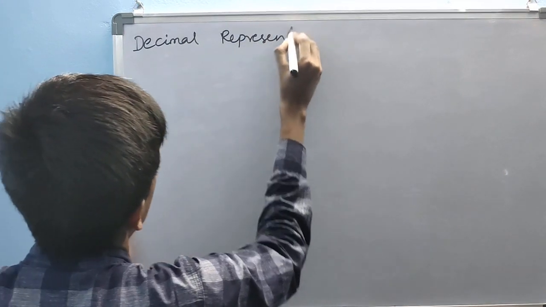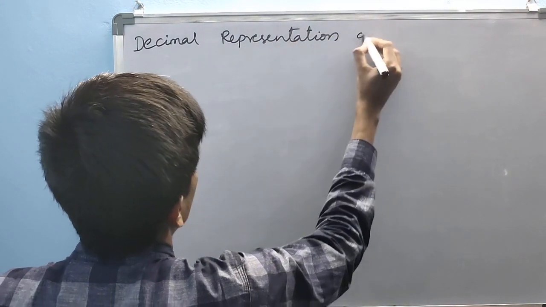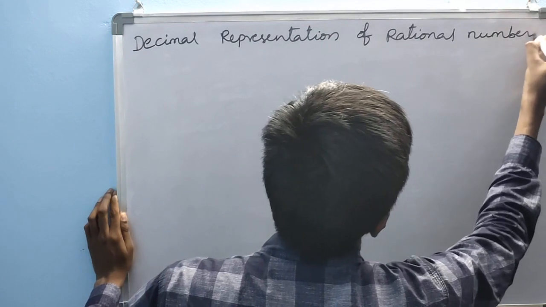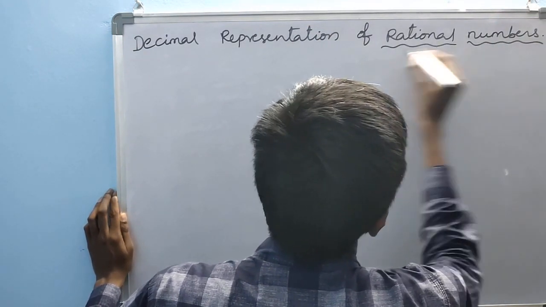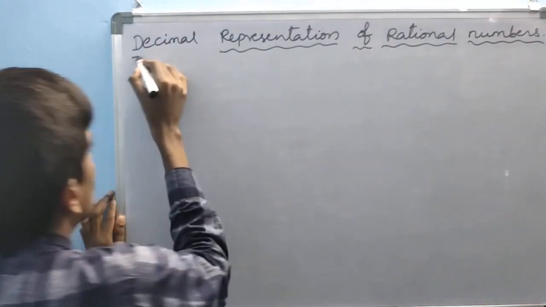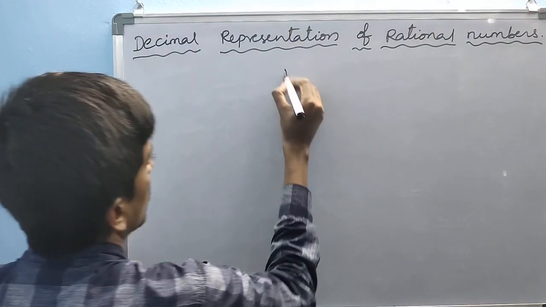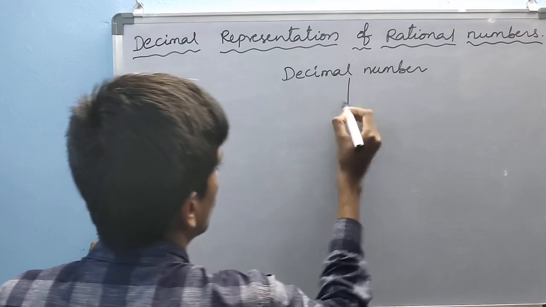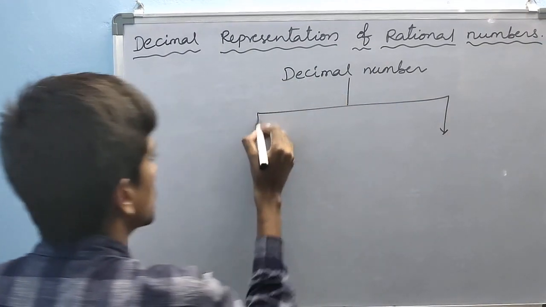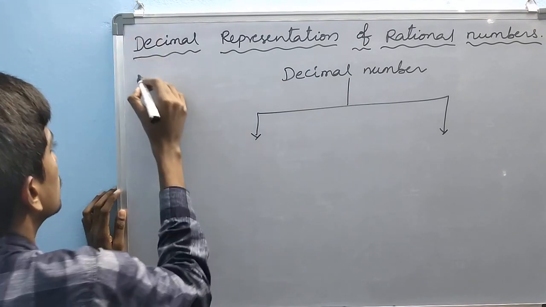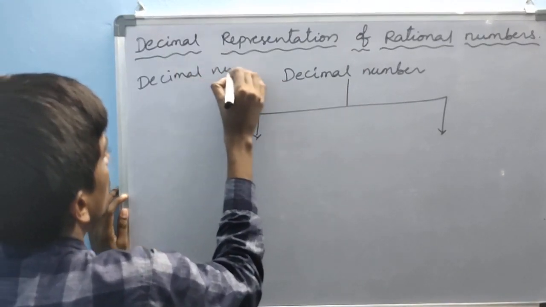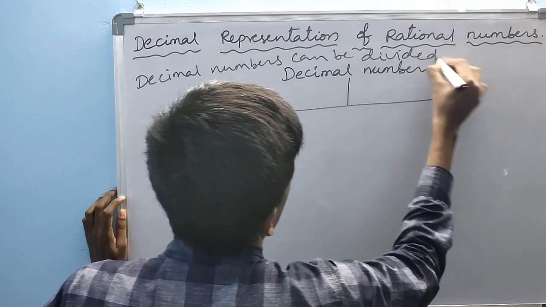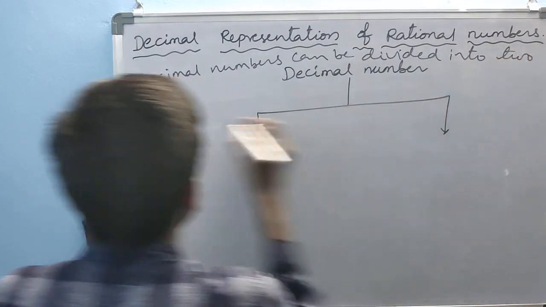Decimal numbers can be divided into two types.